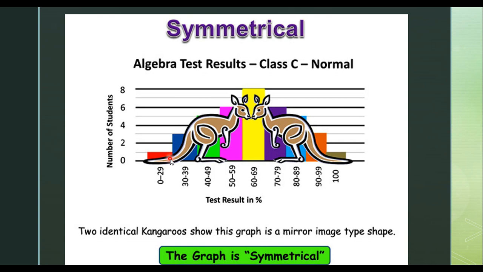They have a small amount on the left, the kangaroo up here, there's his head, and it goes back down to the tail. I chose this image specifically for the tail because it's really nice. So this is symmetrical, right? Which is going to be a characteristic of a normal curve, right? It has the same thing on the left as it does on the right.